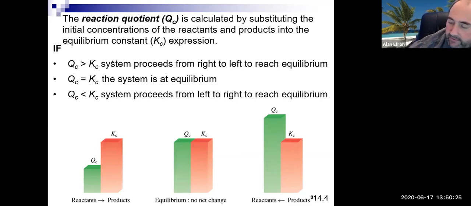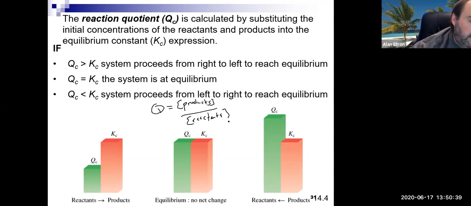So if we were going to calculate Q, Q would still be our products divided by our reactants. It's exactly the same deal as what you do with K, all the way down to using the coefficients as the exponents, just like you normally would do with K.